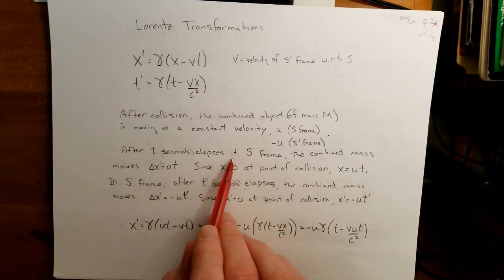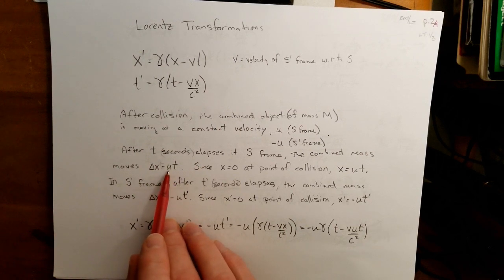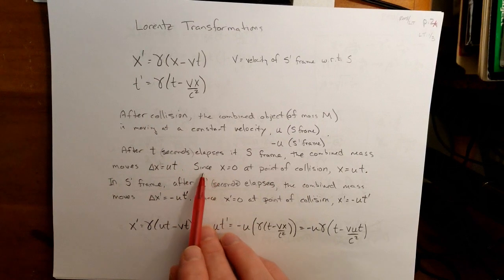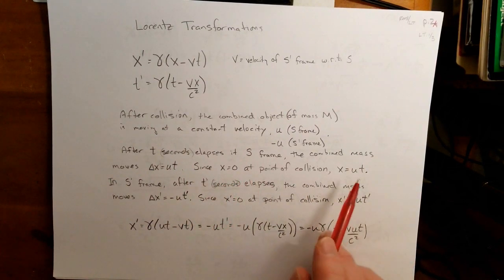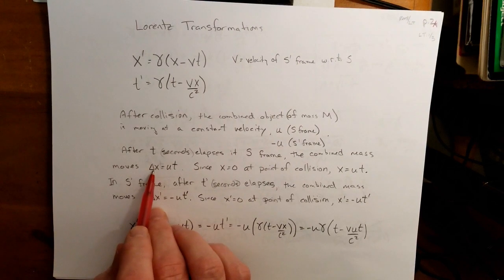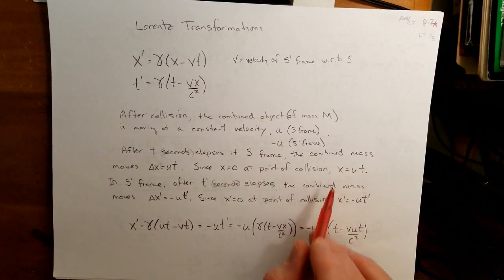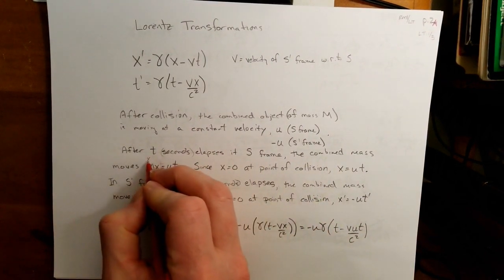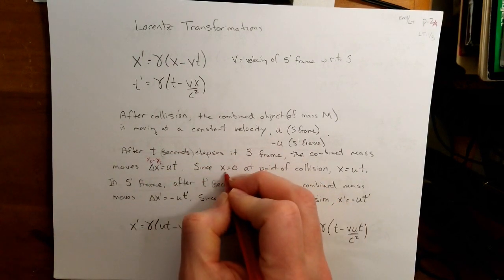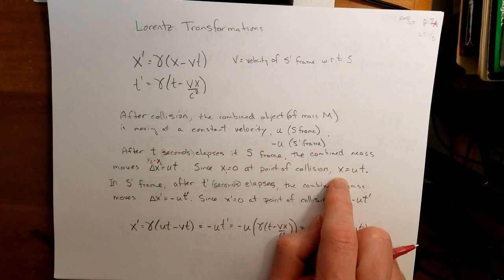After some time elapses in the S frame, the combined mass moves a certain distance. Since it's traveling at a speed of u, and x is equal to 0 at the point of collision, x is equal to ut. In other words, this is x final minus x initial, and x initial is 0, so I'm dropping the delta and don't have to write final.